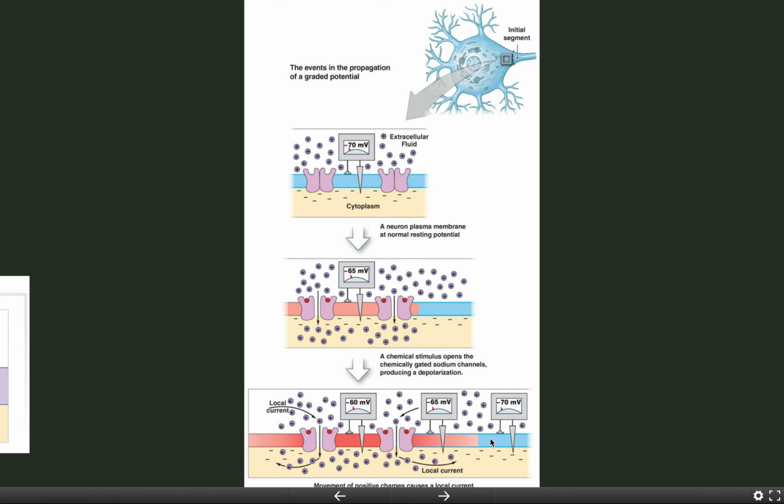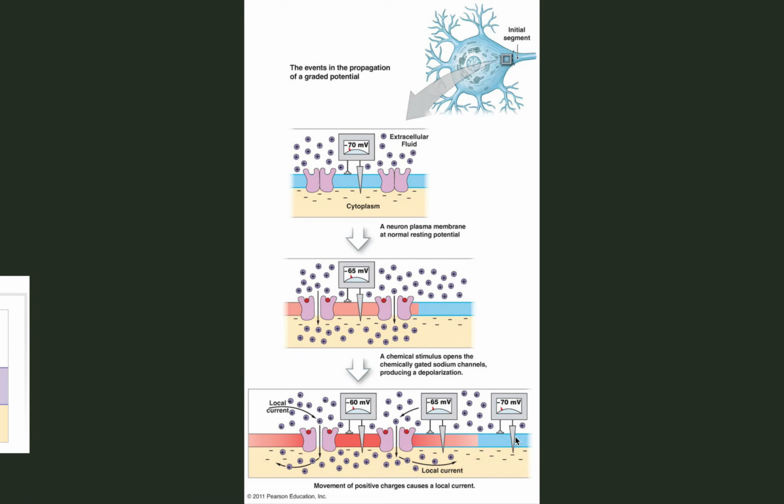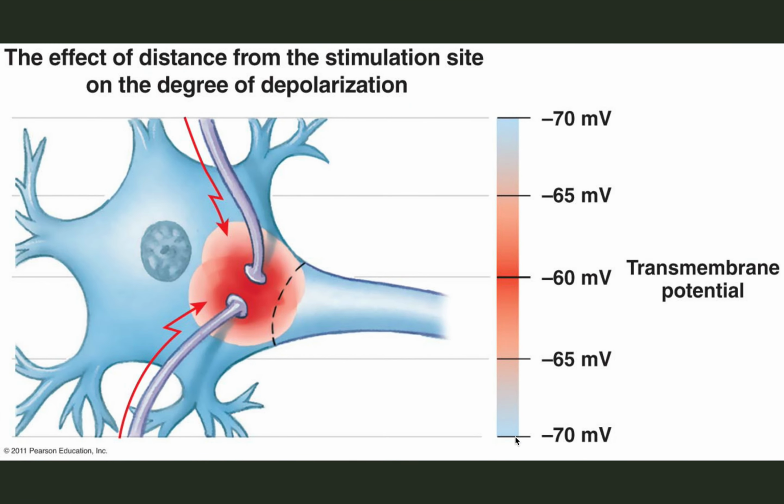And as it spreads out even further, it goes down to -70. This is just another way of showing that right where the stimulation happens, where this axon terminal reaches, is the most change in transmembrane potential. And then as you get farther away from that site, it goes down. So the degree of depolarization decreases with the distance away from the stimulation site.